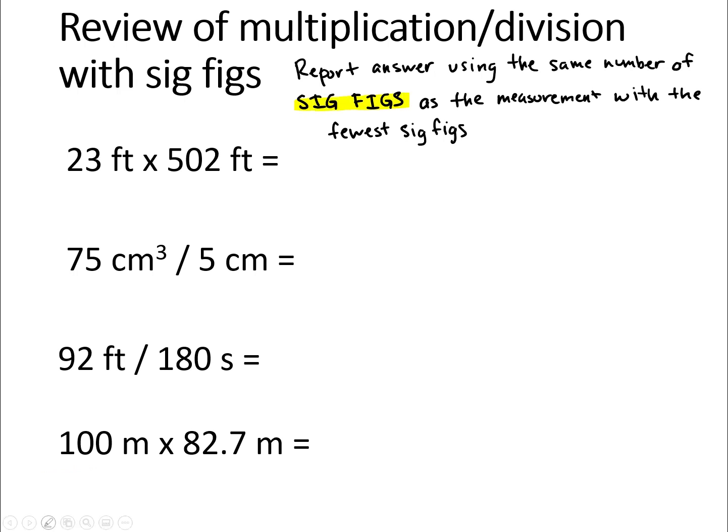So that is the difference. Adding and subtracting, we care about decimal places. Multiplication and division, we care about the number of sig figs.